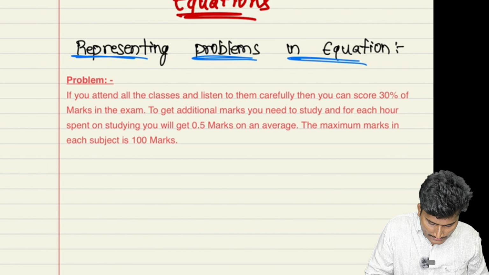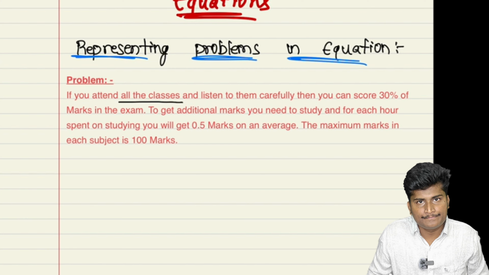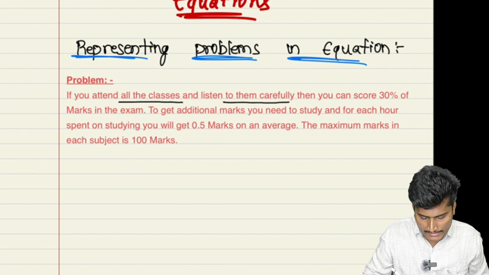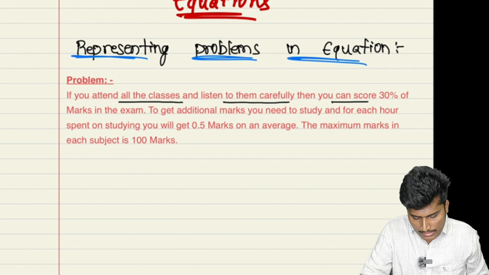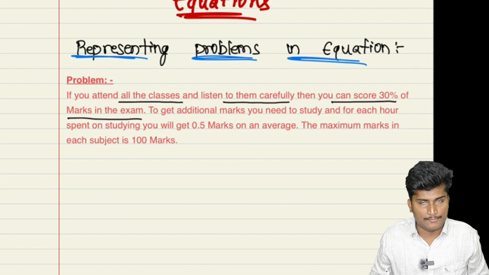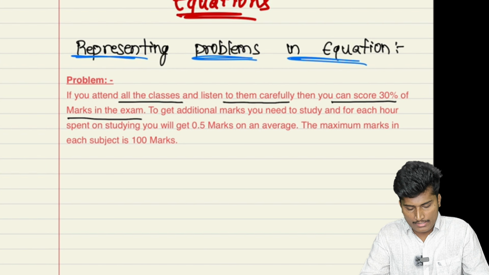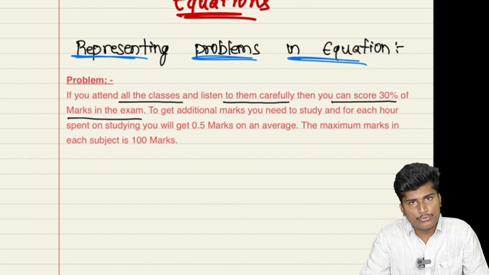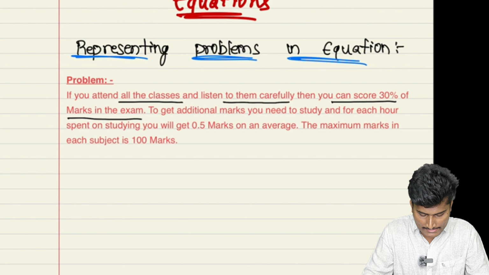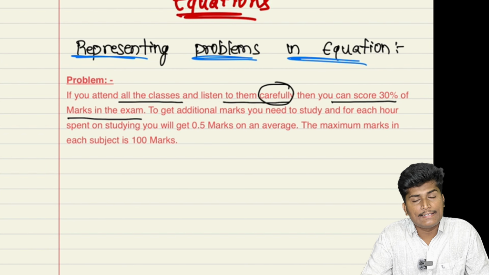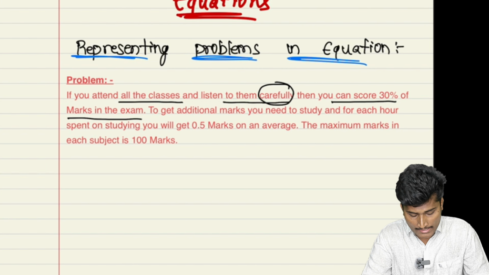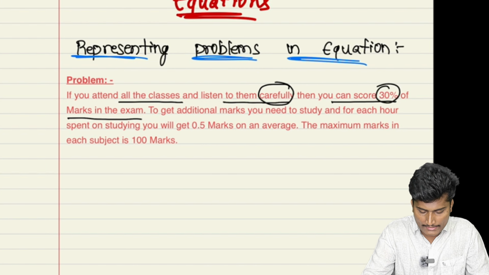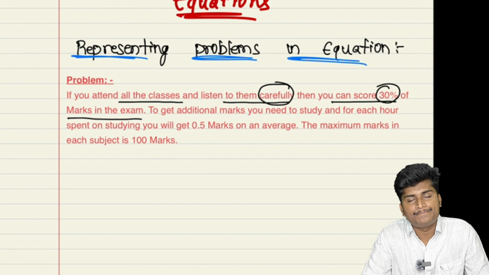See, if you attend all classes and listen to them carefully, then you can score 30% of the marks in the exam. This means that if you attend the classes and listen to them carefully, this is the main thing, then you will be able to get 30% of the marks in the exam.